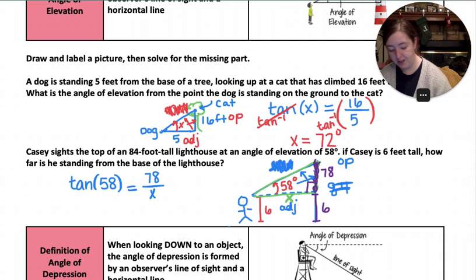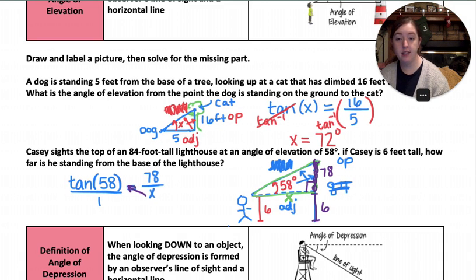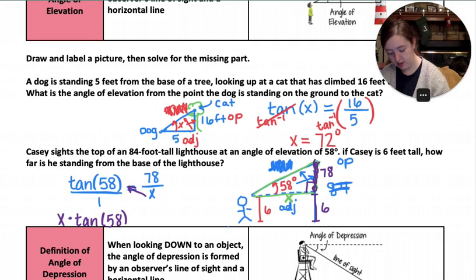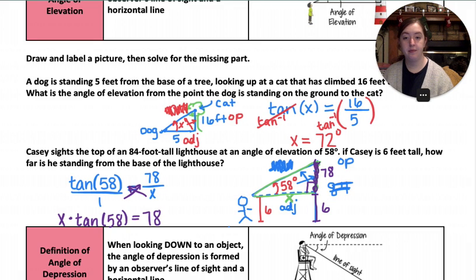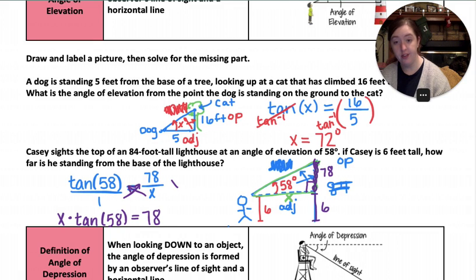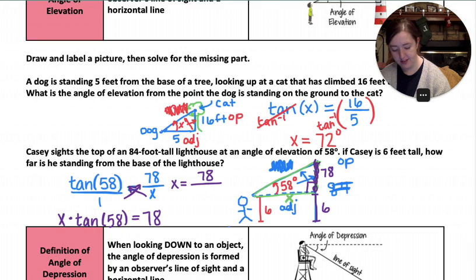We'll pop the tangent of 58 over 1 since x is in the fraction, and then we'll cross multiply. x times the tangent of 58 equals, and then 1 times 78 is 78. To get x by itself, we need to divide by the tangent of 58 on both sides. So we'll have 78 divided by tangent of 58.